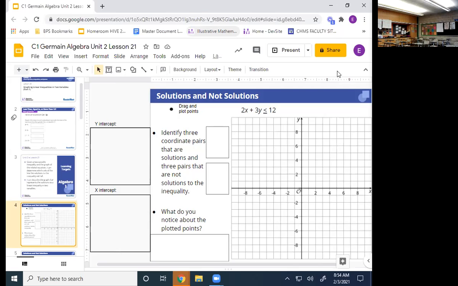Nice job, guys. Give me some coordinates that say solution or no solution, and then give me the coordinates. Making sure we're writing coordinates appropriately.